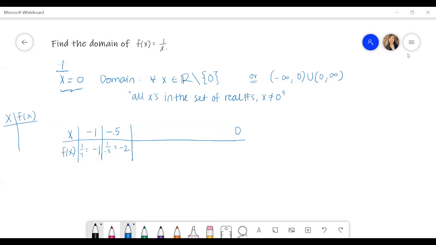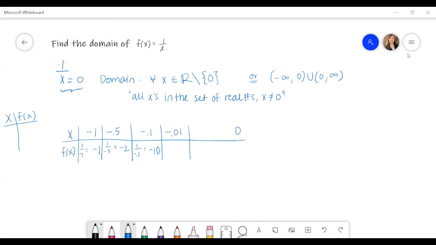Okay. We're closer to 0, but there's a whole bunch of decimals that live in between -0.5 and 0, to the point where we get significantly closer. So how about -0.1? 1 over -0.1, again, feel free to verify this on a calculator, you get -10. Can we get closer? -0.01.